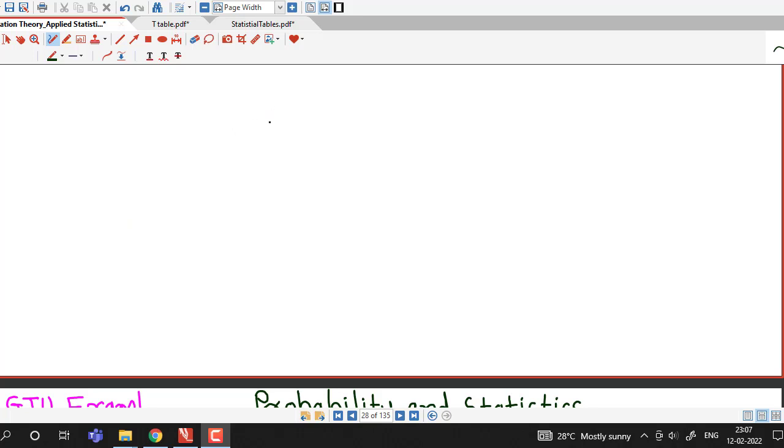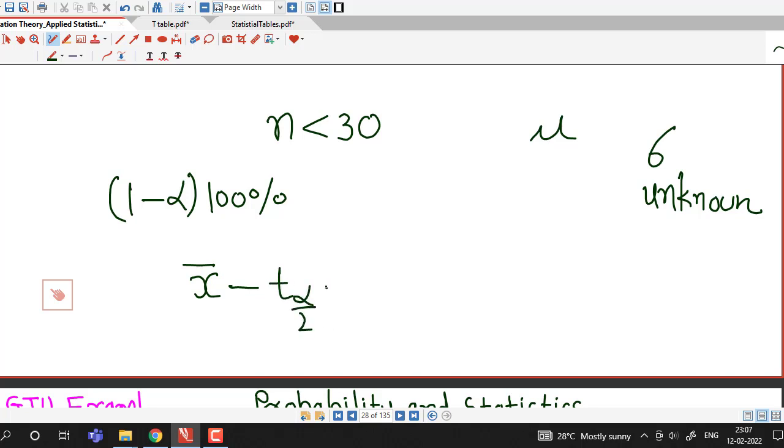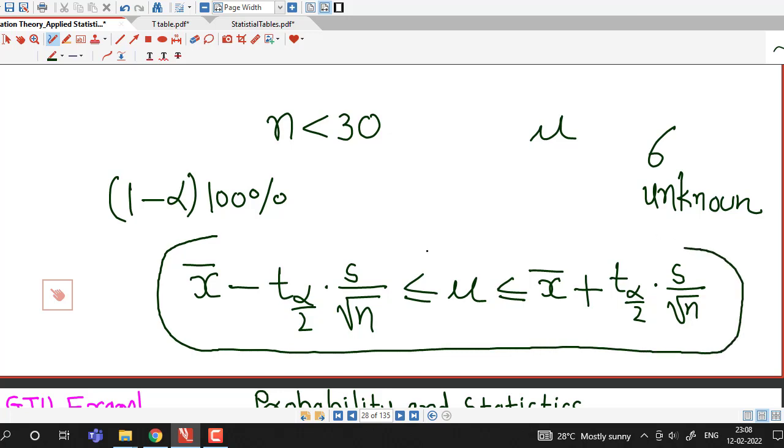If we are drawing a sample of size n which is less than 30 from a population with mean mu and its standard deviation is unknown, then with (1 minus alpha) times 100% confidence level, the confidence interval formula for small sample is x bar minus t alpha by 2 times sample standard deviation s over square root of n less than or equal to population mean mu less than or equal to x bar plus t alpha by 2 times sample standard deviation over square root of n. So this we have discussed in earlier lecture.